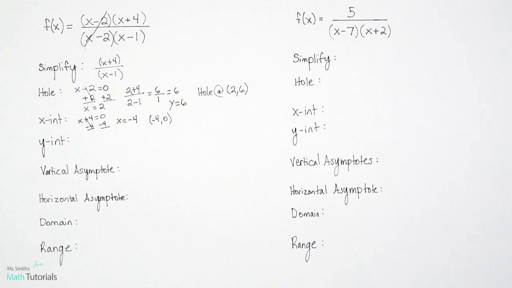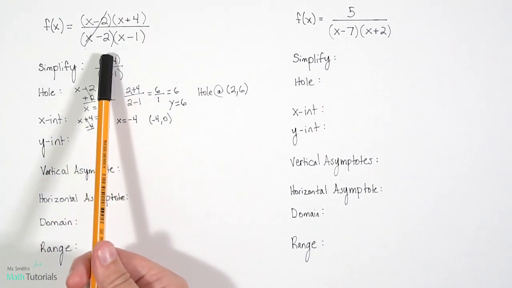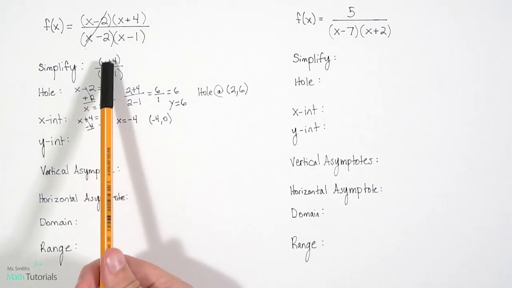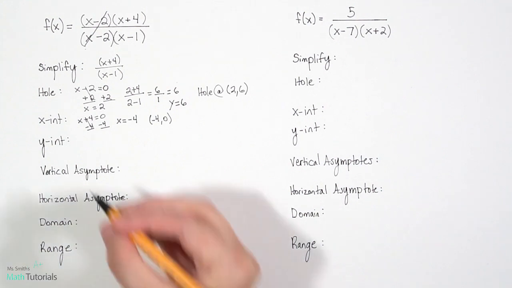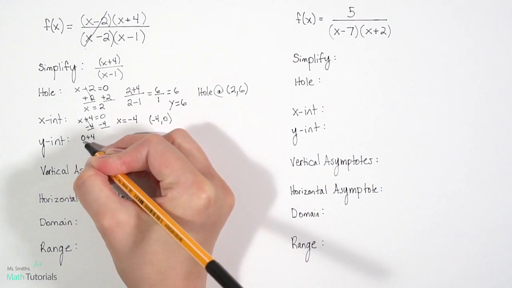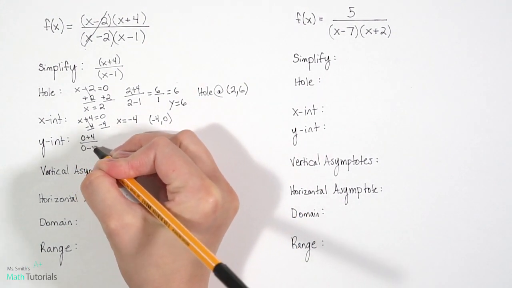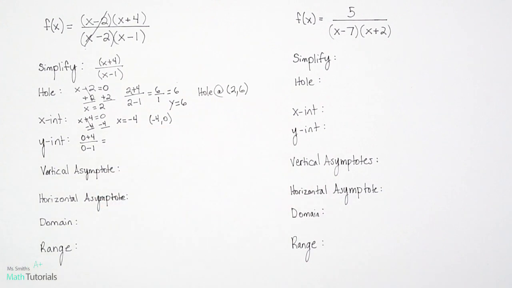To find your y-intercept, remember that we plug in 0 for all x's and we simplify to find the y value of the y-intercept. So we go back up to our simplified version, and just instead of writing x, we're going to write 0. So for the top, we have 0 plus 4. And for the bottom, we have 0 minus 1. And we just want to reduce that.